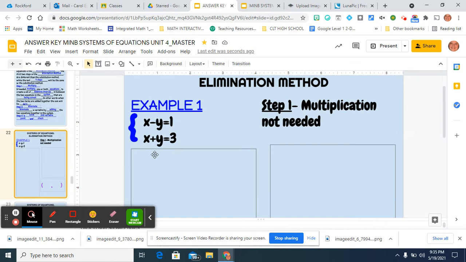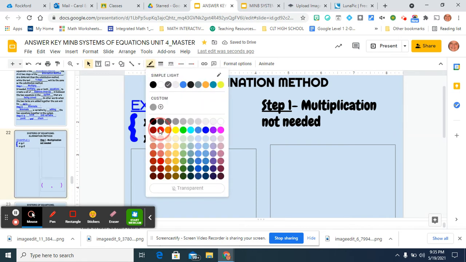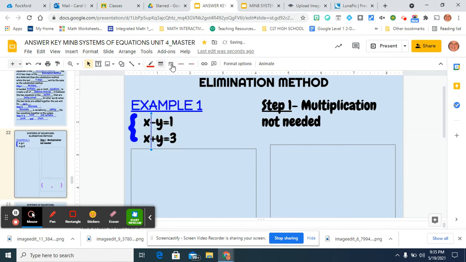So what I do, I'm going to insert a line over here so you can see. I'm going to kind of column this off. So when I'm adding this together, I'm going to add this vertically based on what the stuff is.